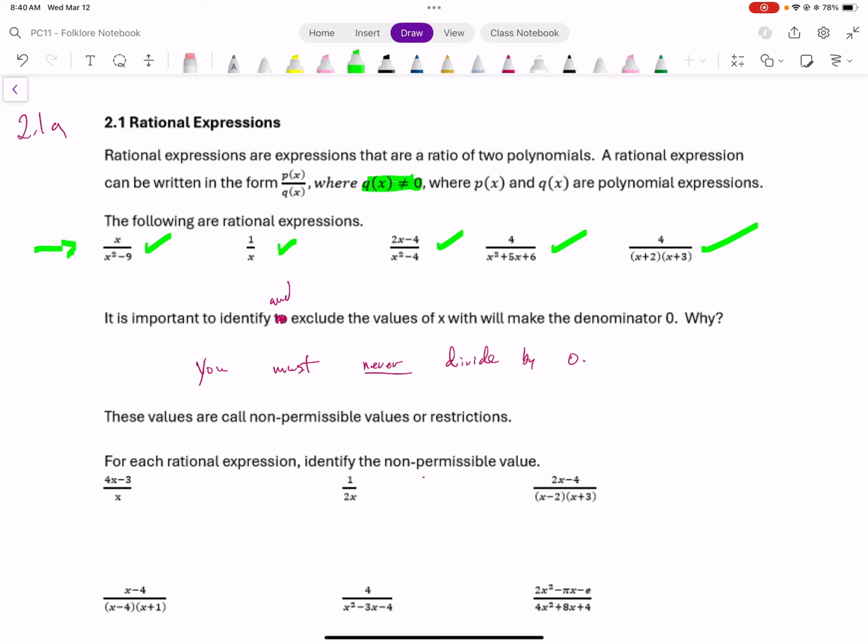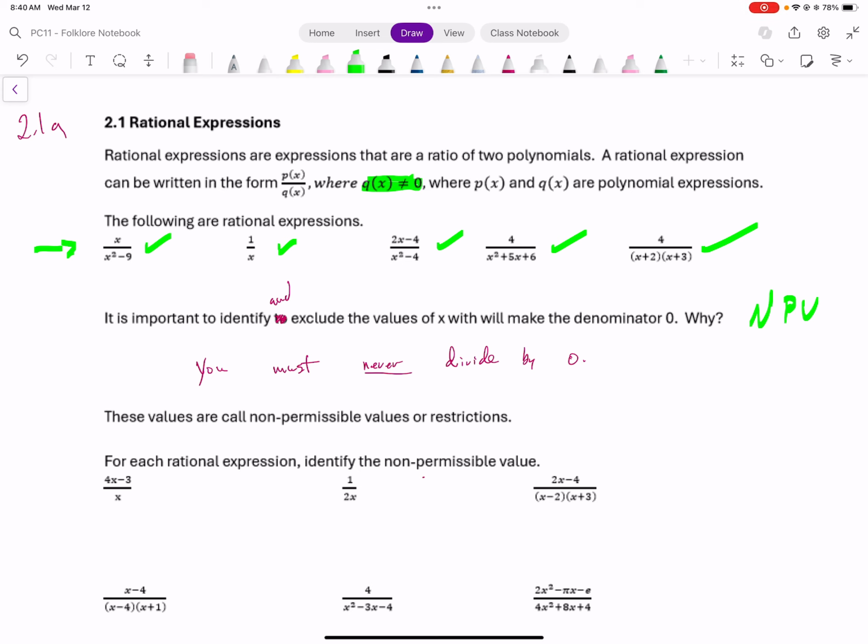So perhaps let's go on to non-permissible values. These are called non-permissible values, or NPVs, but I also like to call them restrictions. So it's important to identify and exclude the values of x which make our denominator 0.